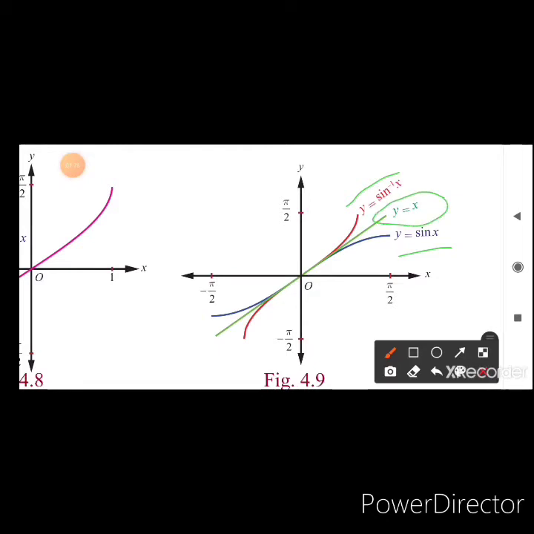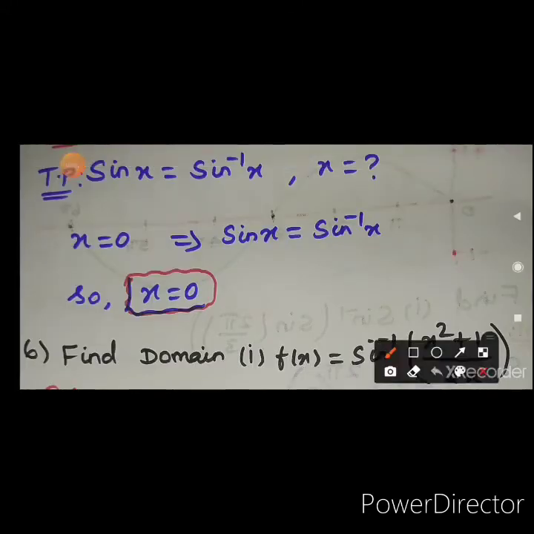The only point where they coincide is 0, 0. So sin x equal to sin inverse x at x equal to 0. So x equal to 0 is the answer.